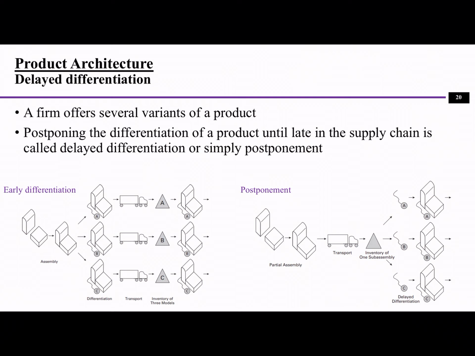Let's first look at the difference by looking at the two pictures. In the left picture, early differentiation means, for example, if it is a seat, we assemble all the seats at the factory, and then we send all these assembled seats to the customers.